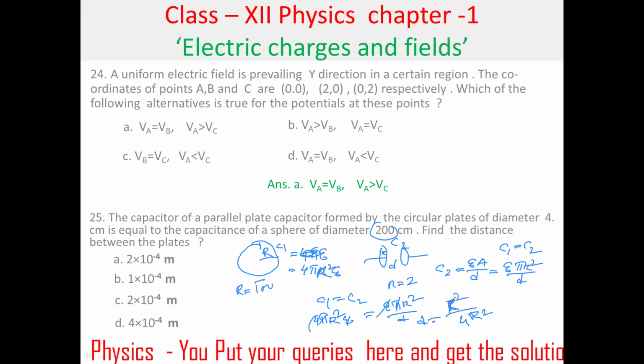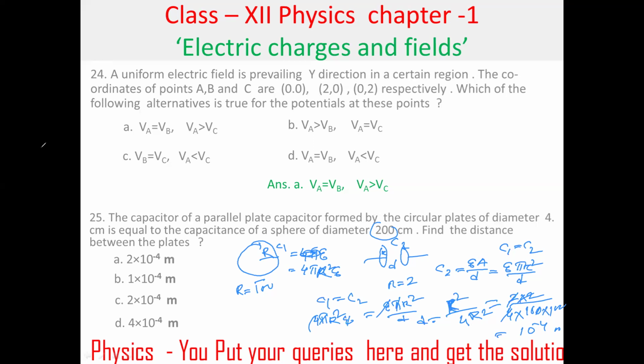That is 2 square, which is 4, over 4 into 100 into 100. The 4s cancel, giving 10 to the power minus 4 meter. So this is the answer.